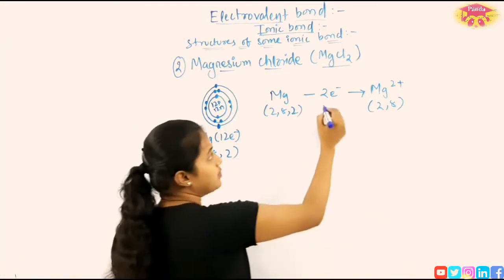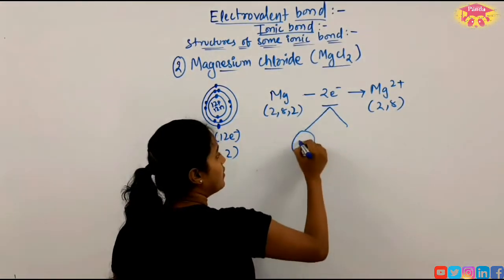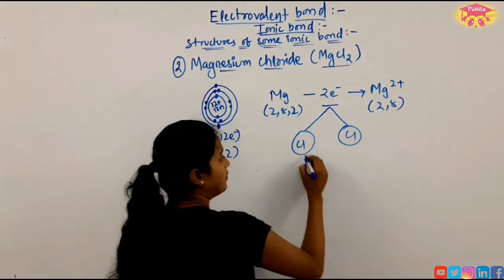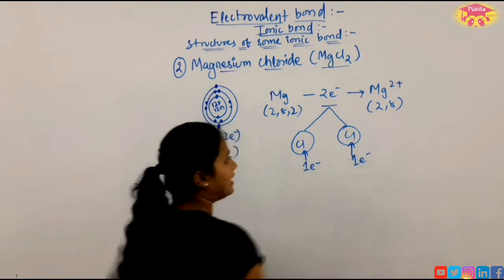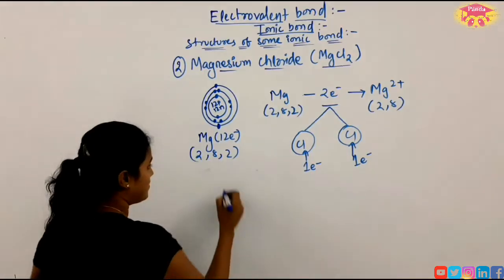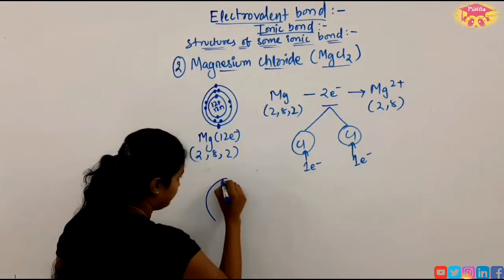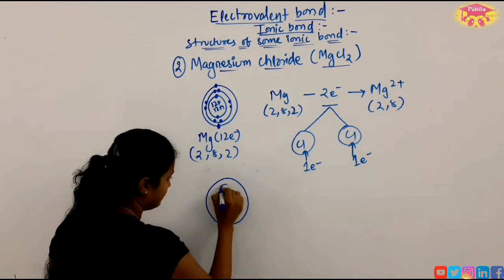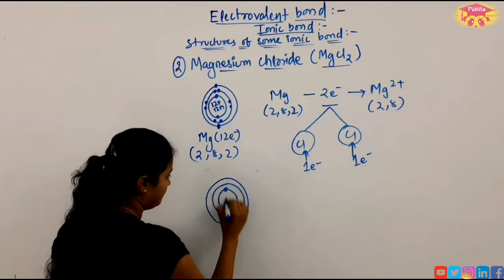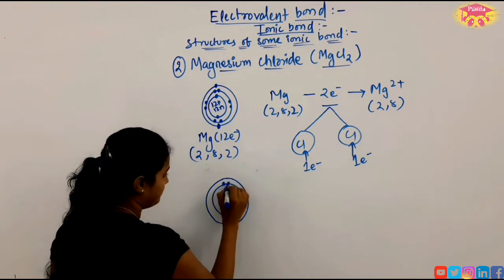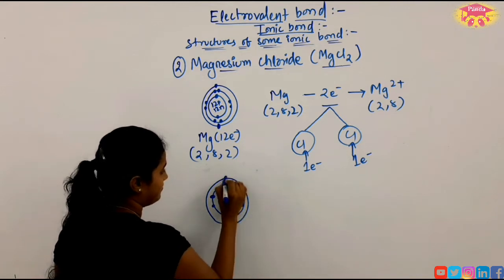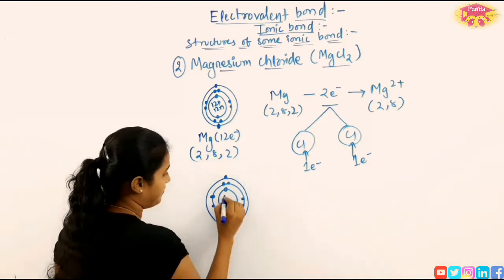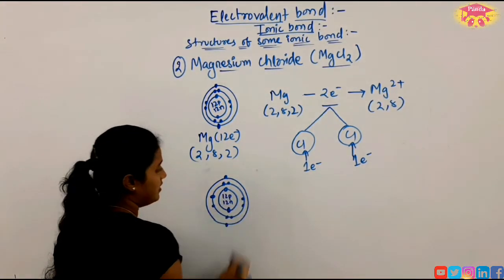Okay, it gives 2 electrons to 2 atoms of chlorine. The 1 atom of chlorine receives 1 electron, whereas another atom of chlorine receives another electron. Now coming to the structure. So 12 protons and 12 neutrons.